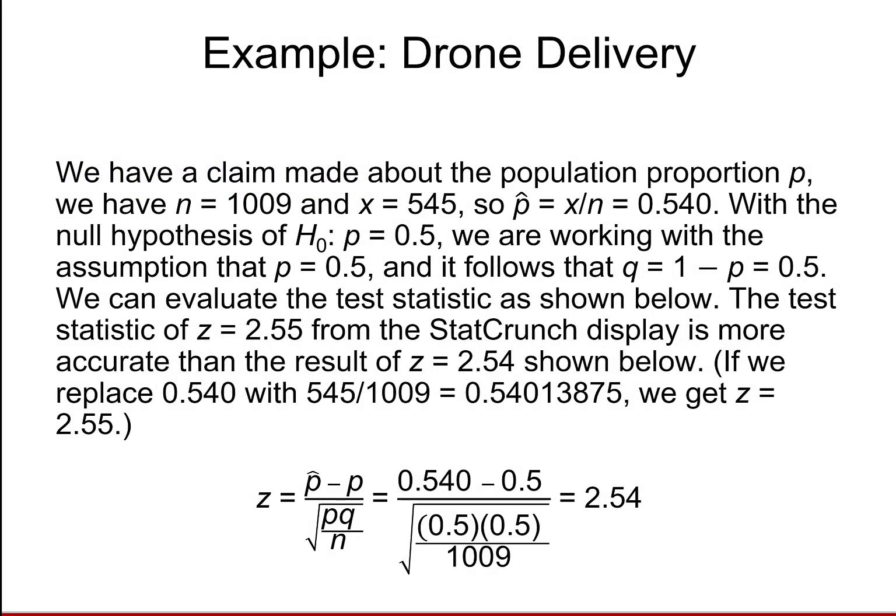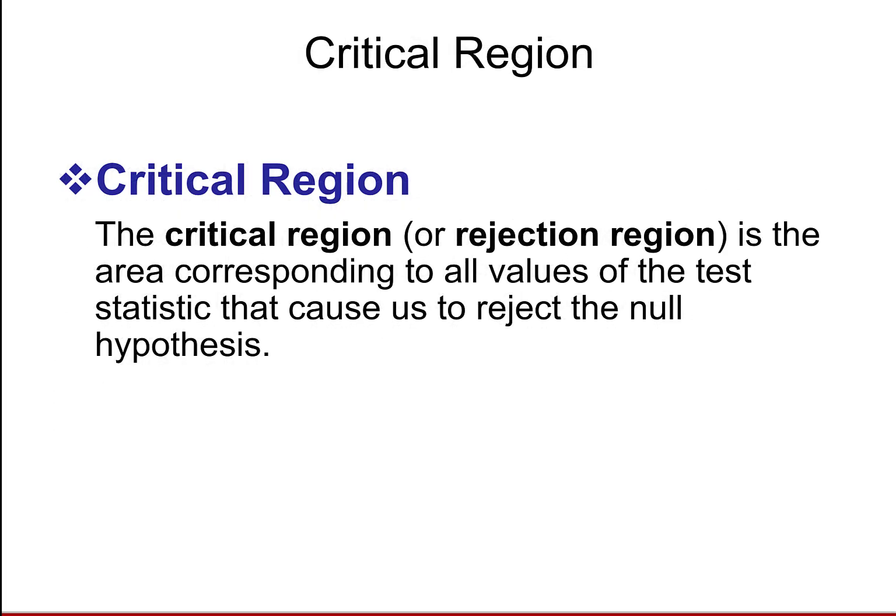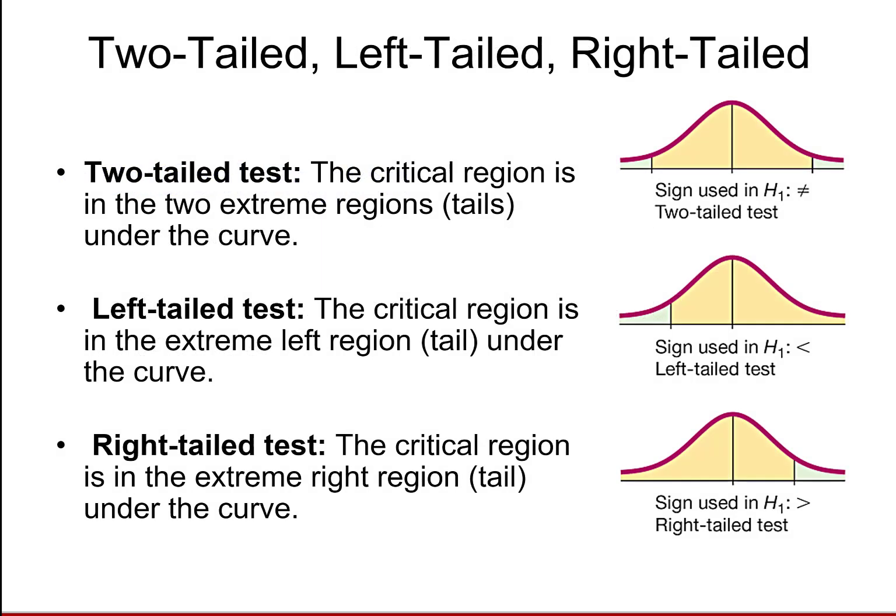If we go back to the drone delivery problem, we saw in the StatCrunch output that the z-score, the test statistic for that particular problem, was 2.54, 2.55. So we're more than 2 standard deviations away from the middle of the distribution, which would be at 0.5 if the null were true. And the critical region is the area corresponding to all the values of the test statistic that would cause us to reject the null.